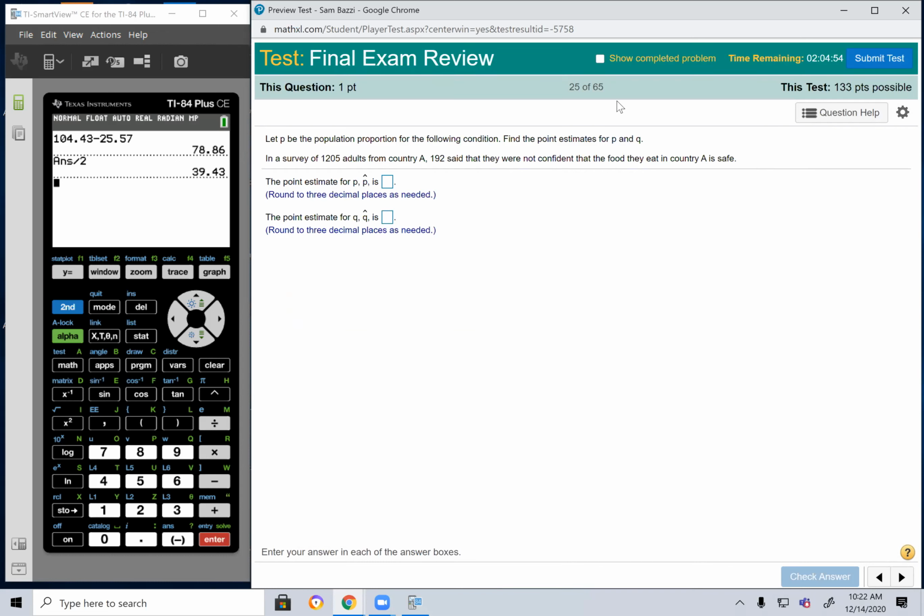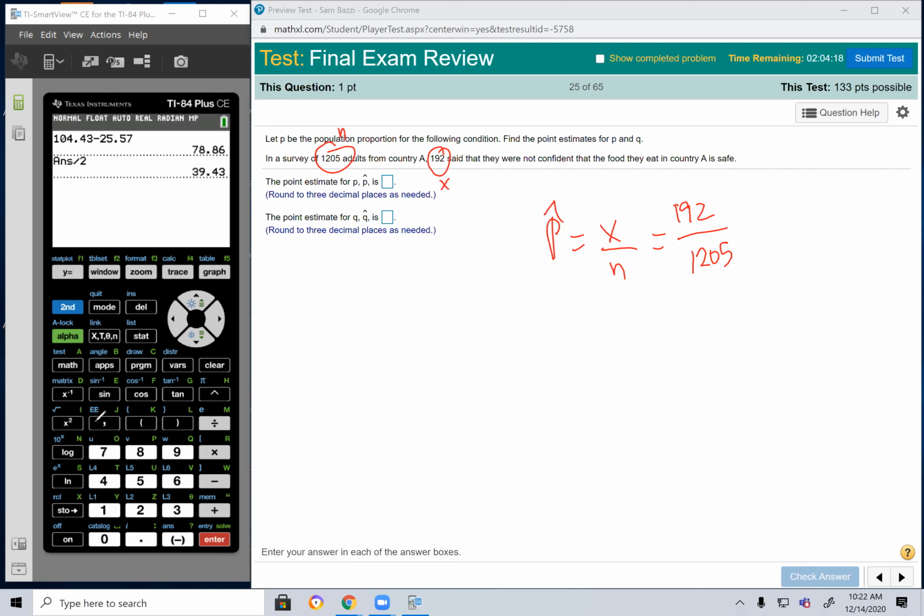All right, clear. Let P be the population proportion for the following condition. Find the point estimates for P and Q. The estimate of the proportion is P hat, which is X over N. So you write it down. He gives you X to be 192, and the sample size is N. So it will be 192 divided by 1205.